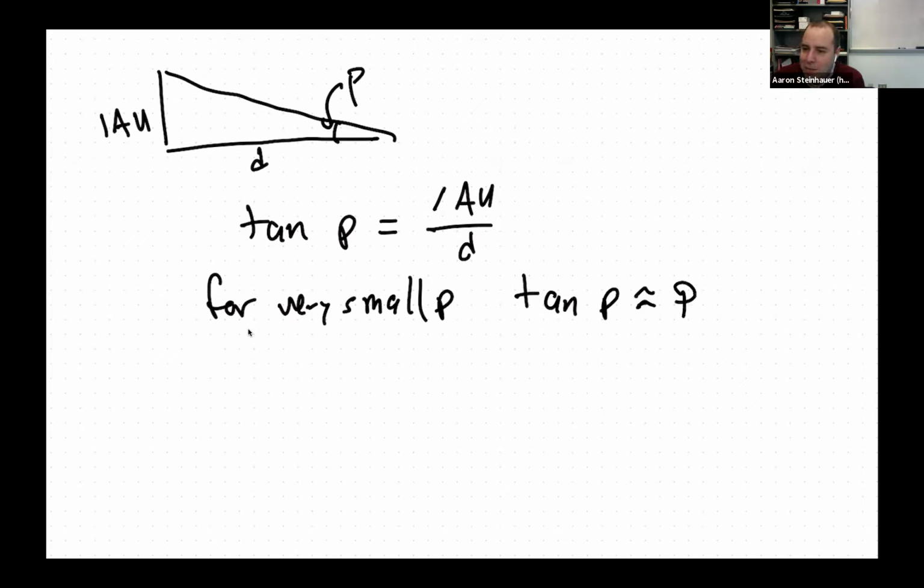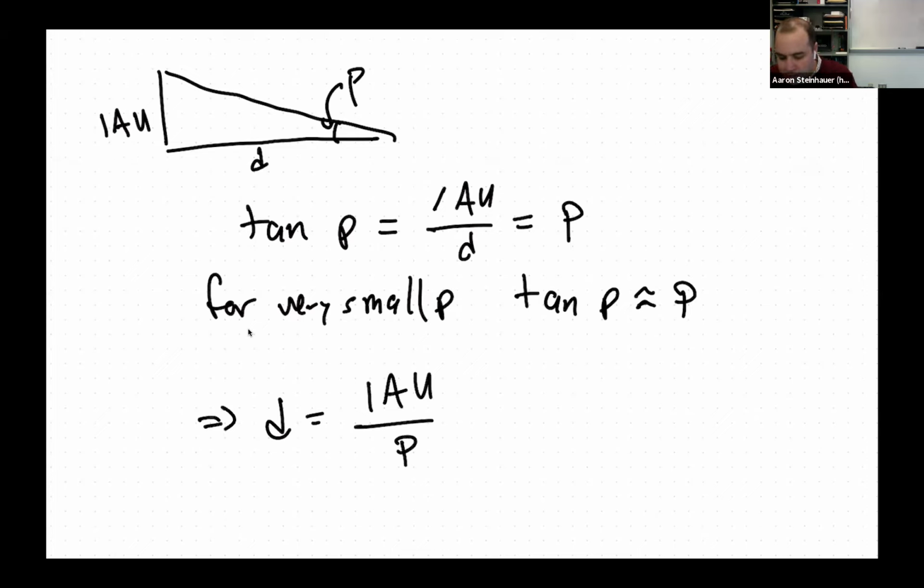Every single parallax angle that we've got is extraordinarily small, and you don't even have to use the approximation symbol, because the errors you bring in with that approximation are completely insignificant compared to any errors you're going to introduce from anything else. So you can just make that an equal sign and you're fine. So tan P is just equal to P. And then we can solve this for D, because the distance is really what we want. D equals 1 astronomical unit divided by P, the parallax angle.